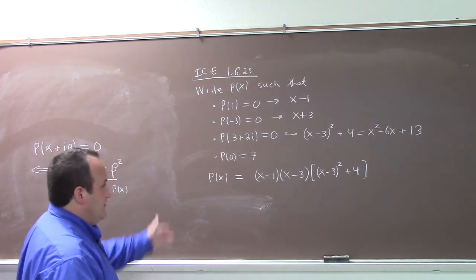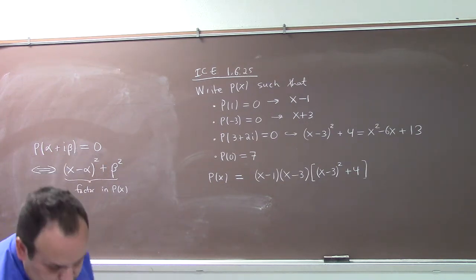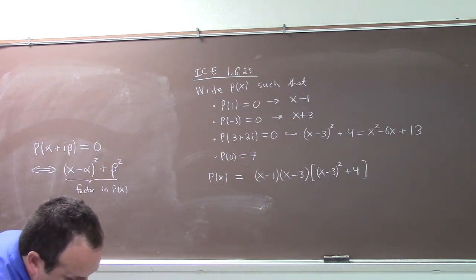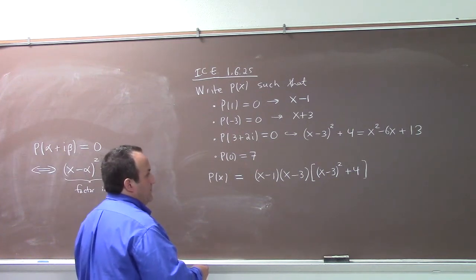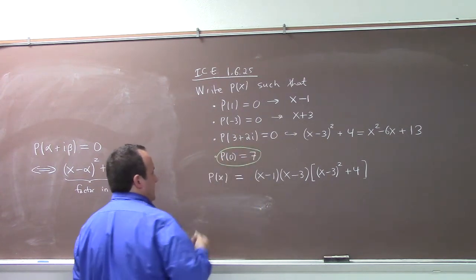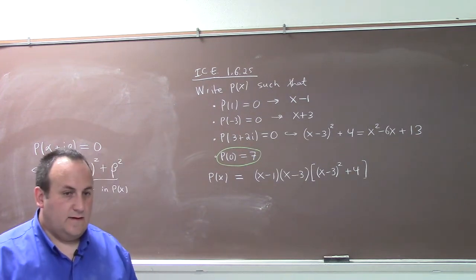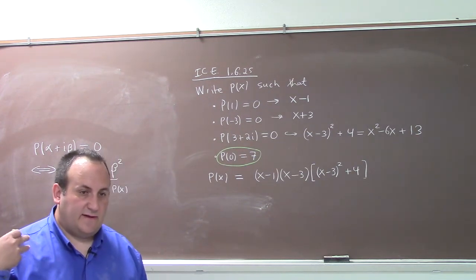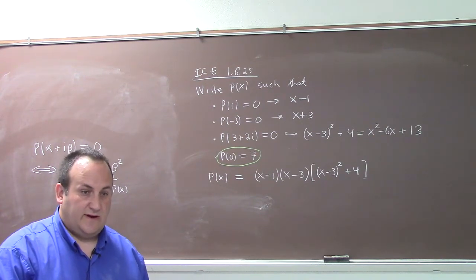So what's the one piece of information we haven't used yet, and how can it be used? We have not yet used that the y-intercept of the polynomial is 7, right? But what's the other freedom we have in factoring a polynomial? We can also choose the leading coefficient to be whatever, right?